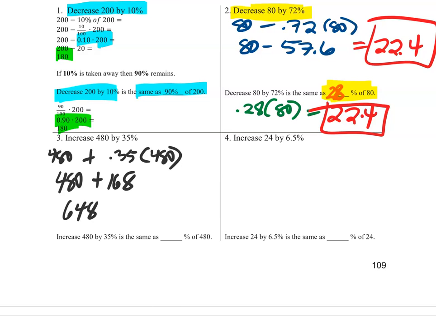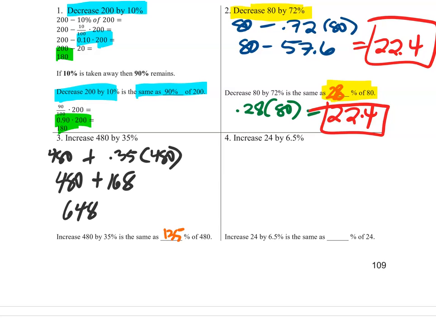Increased by 35%. Increase 480 by 35% is the same thing as, so we increase, so we add that to 100%. So for decrease, we subtract it from 100%. So here increase, so 100 plus 35% is 135% of 480.